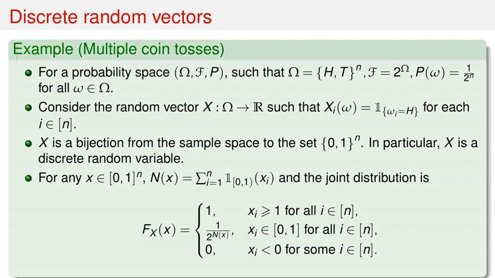The joint distribution F_X(x) is 1 if all x_i are greater than or equal to 1. It is 1 over 2 to the power n(x) if for all i, x_i are in the interval [0, 1], including 0 and 1, and 0 if any x_i is less than 0.